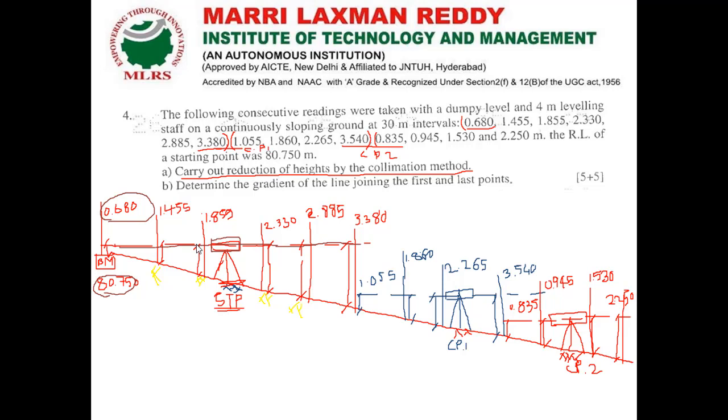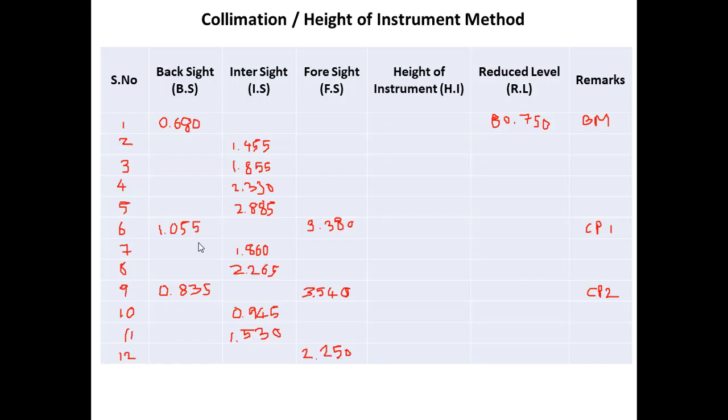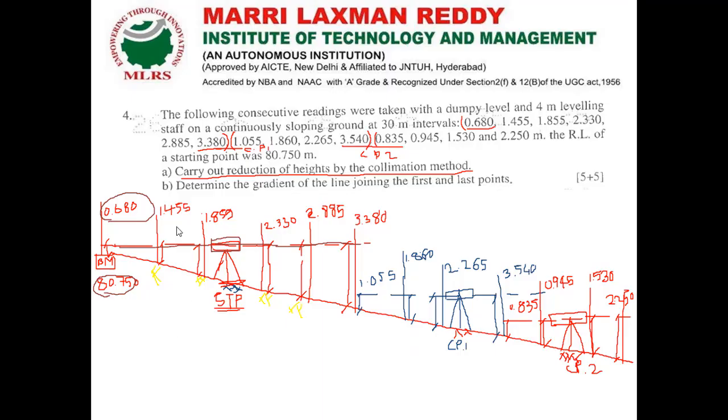So 80.750 plus 0.680 will give the height of instrument. 81.430 is our height of instrument for the first position.